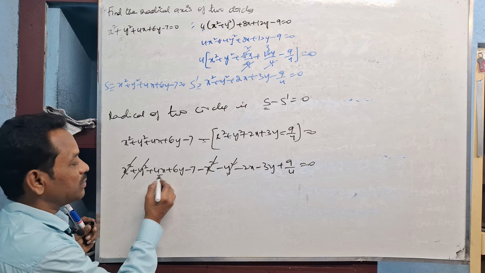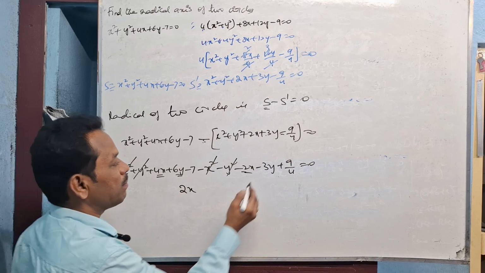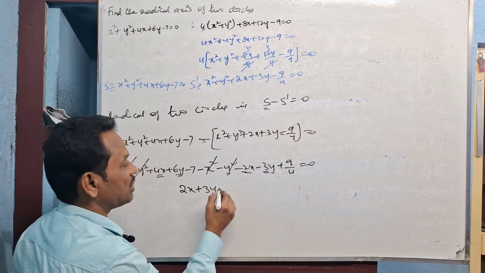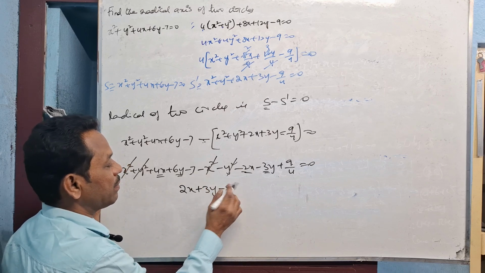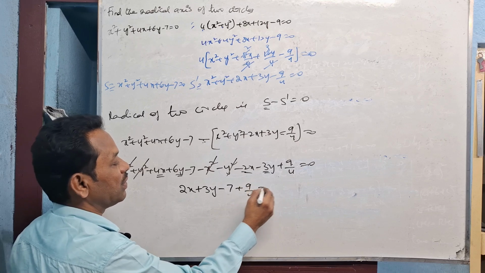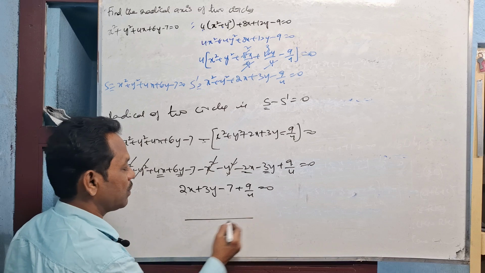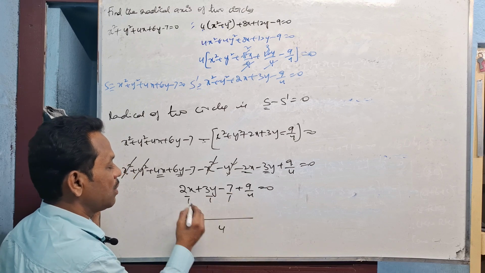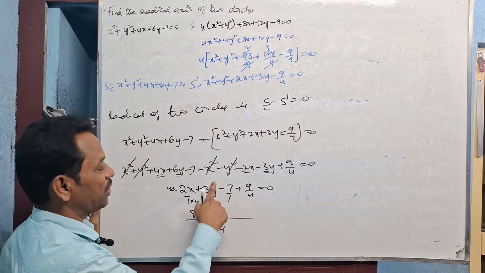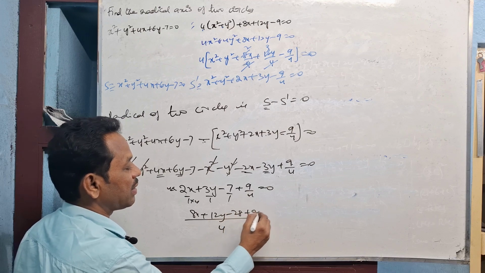Now let us go for like terms. 4x minus 2x is plus 2x, 6y minus 3y is plus 3y, and the constants are minus 7 and plus 9 by 4 equals 0. Now let us go for LCM. My LCM is 4 here, so into 4 we get 8x plus 12y minus 28 plus 9 equals 0.